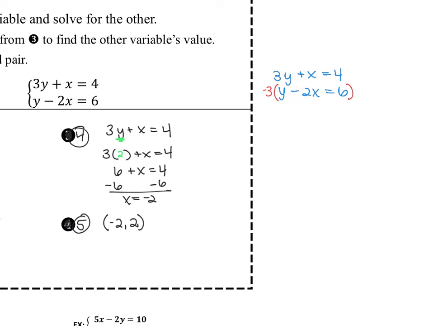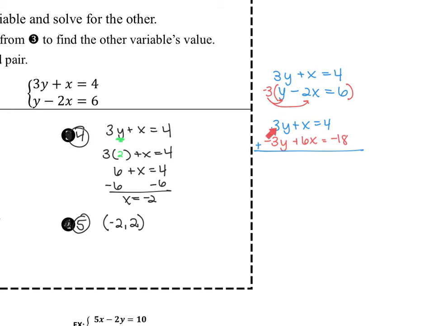Okay, so the equation I'm multiplying, well, let's see, this first equation didn't change, but the equation I'm multiplying becomes negative 3y plus 6x, because remember a negative 3 times a negative 2 gives me a positive 6, equals negative 18.